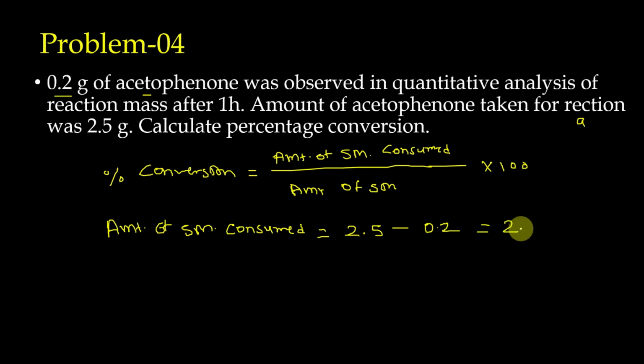So you will get 2.3 gram, right? Amount of starting material consumed will be amount of starting material taken for the reaction minus amount of starting material remain unreacted. So you will get amount of starting material consumed. Then you can find out percentage conversion. 2.3 divided by 2.5 into 100.